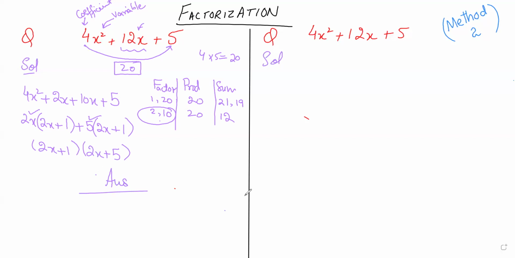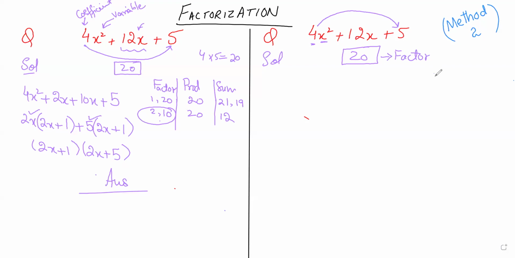Now let's solve the same question, but with a little bit different method. We have this question. I can see my variable here, x squared, is the highest one, and it has some coefficient. So the same thing, I need to multiply my 4 with my 5. And 4 times 5 is 20. That means I need to find out the factor of 20.